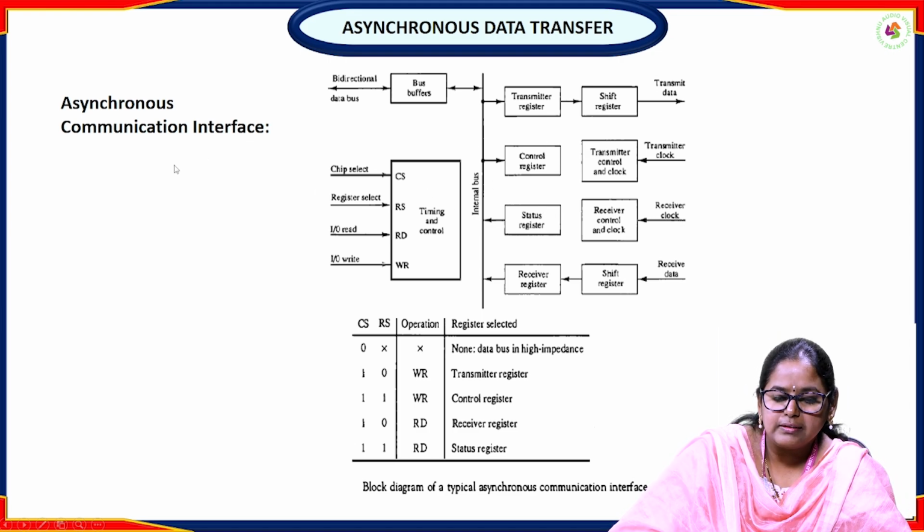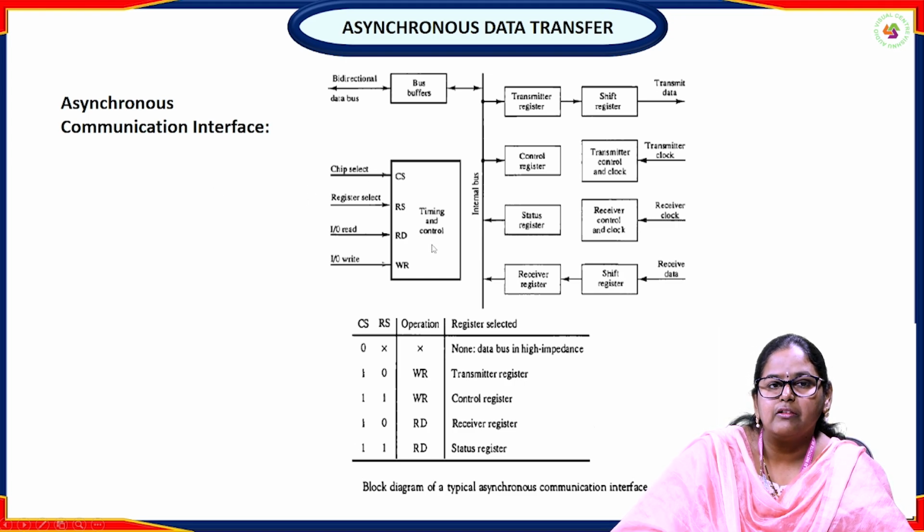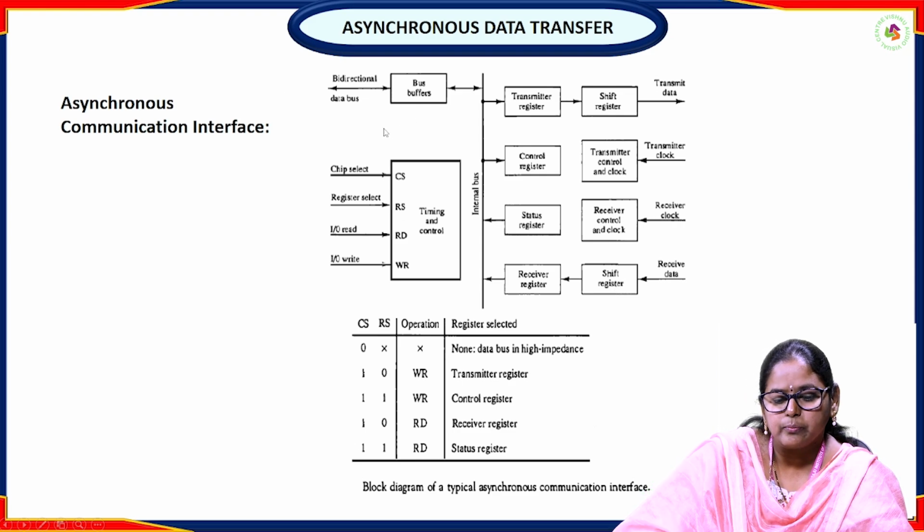You can see we have a timing and control circuit, and then we have respective registers like transmitter register, control register, status register, receiver register, and then shift registers, transmitter control and clock, receiver control and clock. And here we have bus buffers also.